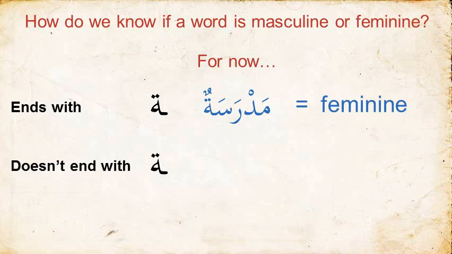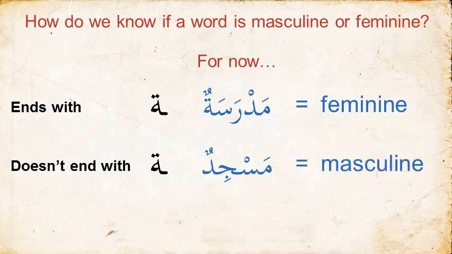If a word doesn't end with a ta marbuta, for example, the word masjidun, which has no ta marbuta at the end, then we are going to say the word is masculine. So for now, it's a very general, high-level rule which we will refine in a later lesson, inshallah. But for now, if the word ends with ta marbuta, it is feminine. If it doesn't end with ta marbuta, it is masculine.